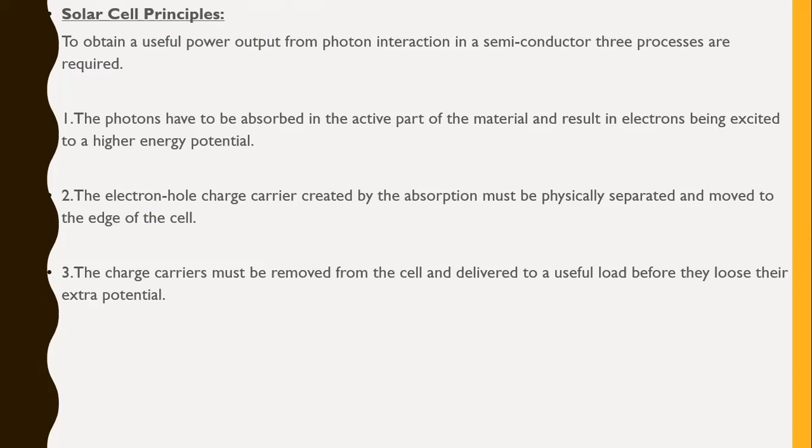So we are saying semiconductors, for example silicon. Each and every material has a photovoltaic effect, but if you measure the photovoltaic effect, it is observed to a significant extent in some materials only. So those materials are called semiconductors.